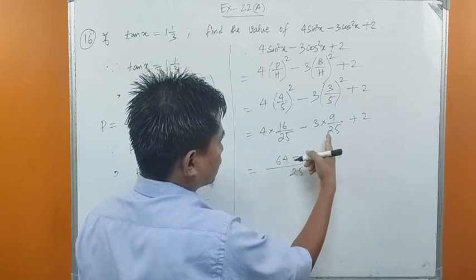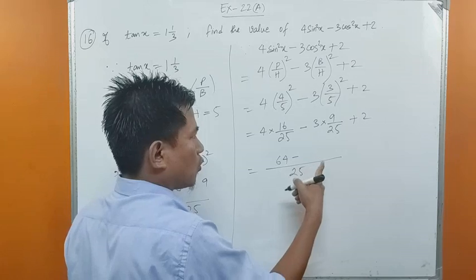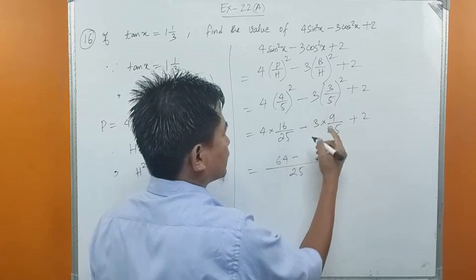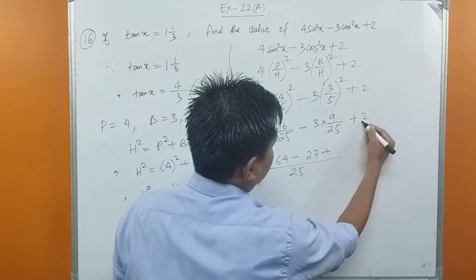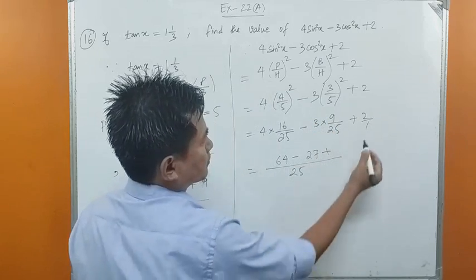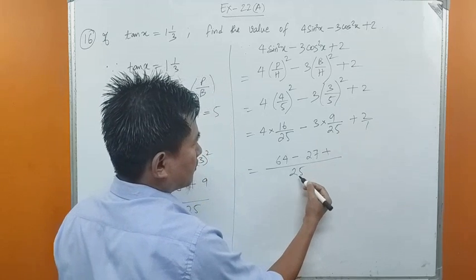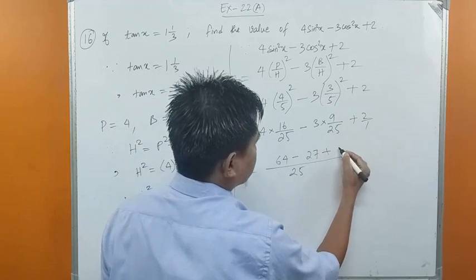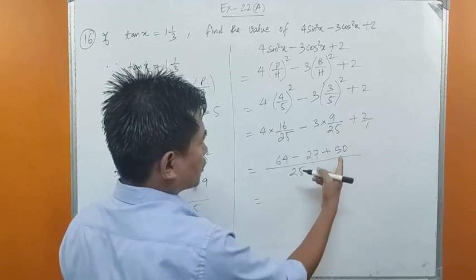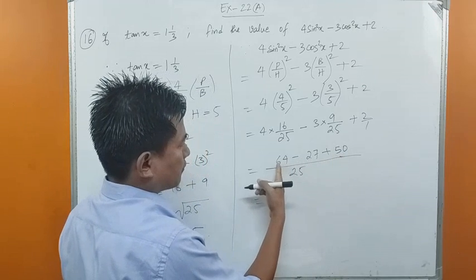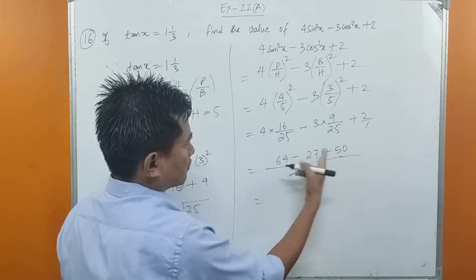Minus 25 1s are 25, 1 into 3 is 3, 3 into 9 is 27, 3 9s are 27, plus we have 1 in the denominator of this number, so 1 into 25 is 25, that means 25 2s are 50. Now we have two positive numbers, 50 and 64. Let us add up these two numbers.